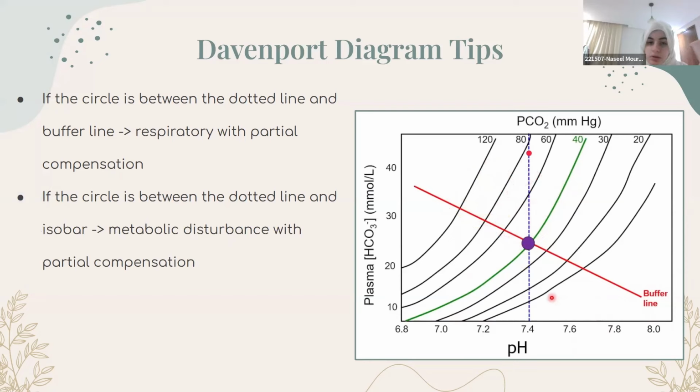Now let's say the circle is between the dotted line and the green line. What kind of disturbance are you going to have? Metabolic with partial compensation. Okay, so it would be somewhere here or somewhere here. Now, I'll ask you guys, what about if you had it between both the buffer line, so the red line, and the green line? So something like this here or this here. What kind of disturbance are you having in that case? You're having a combined respiratory and metabolic disturbance. Correct. Okay?